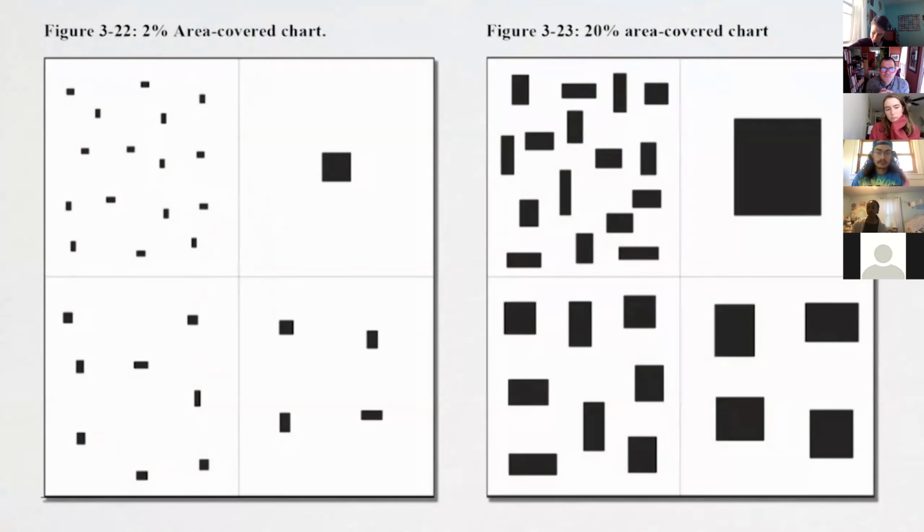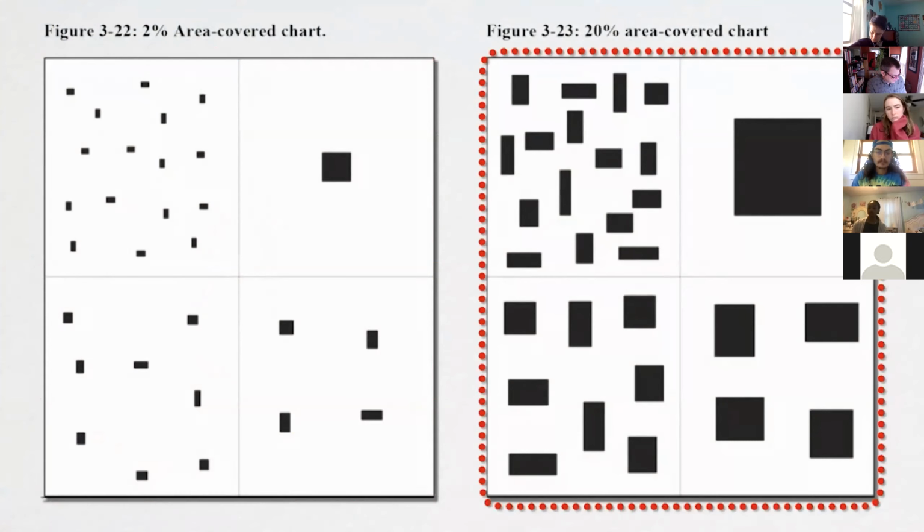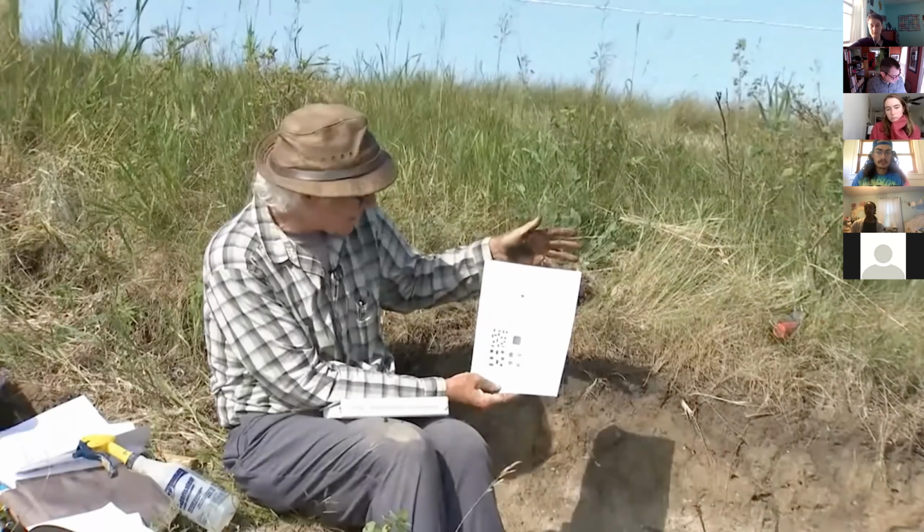They are charts that simply give us a white space with different black objects in it, which occupy in this case 2% of the white space of that chart. This chart is 20% coverage by the black spaces. And we use this to try to calibrate our estimation of coarse fragments or of other features in the soil.